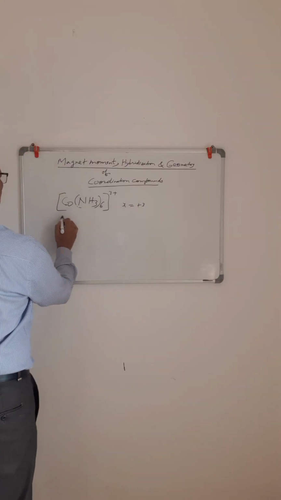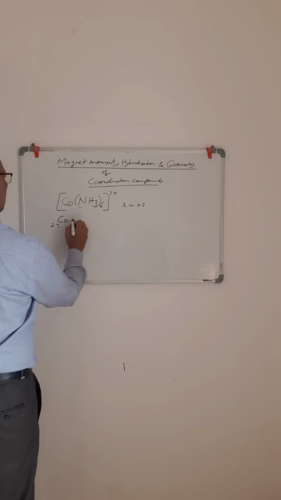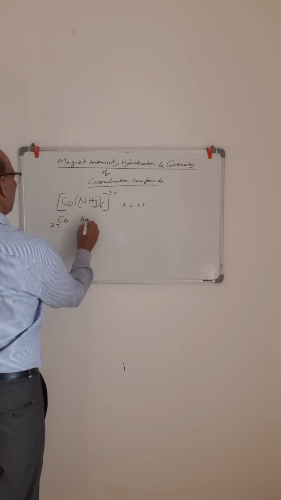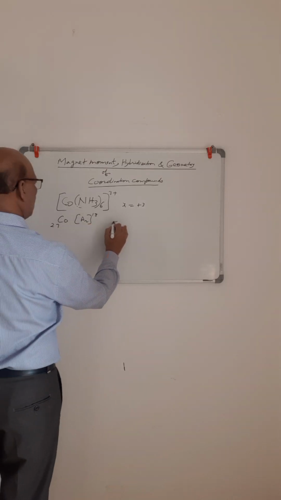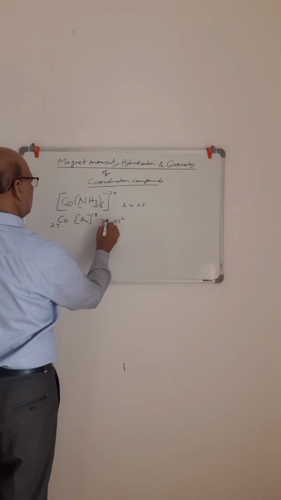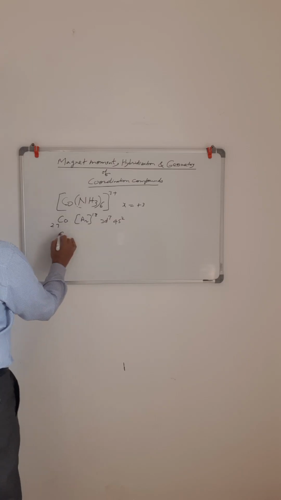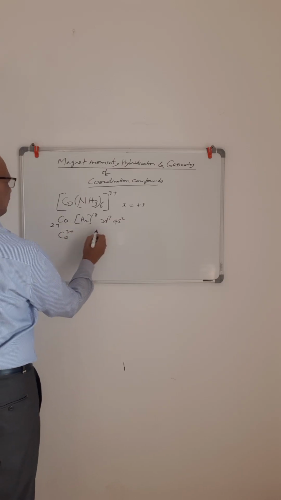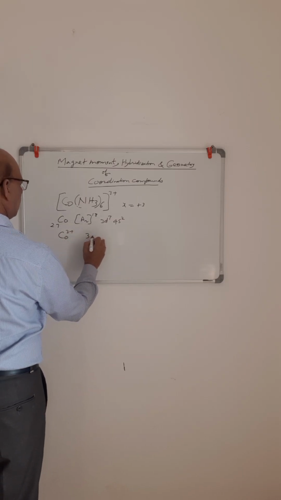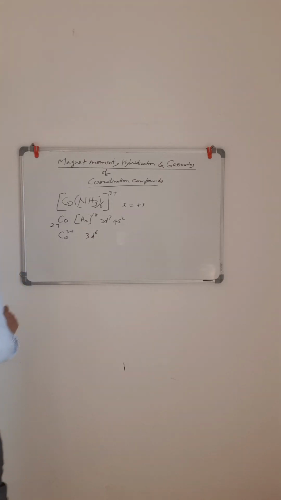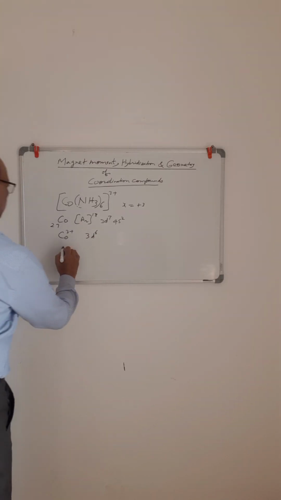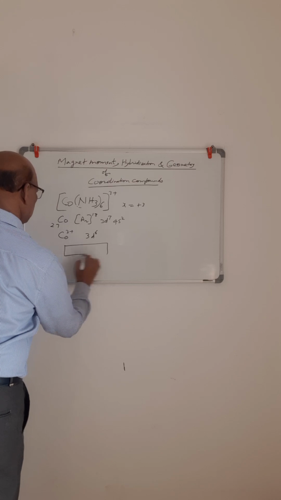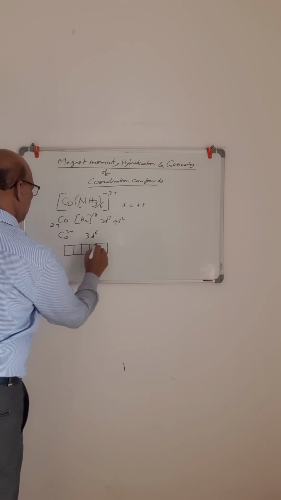So let us write the electronic configuration of cobalt, which is argon 18 and remaining 9 electrons. So 4s2 3d7. Now cobalt 3 plus will have the configuration 3d6. Okay, which can be represented like this. There is 1 electron each and 1 more electron.